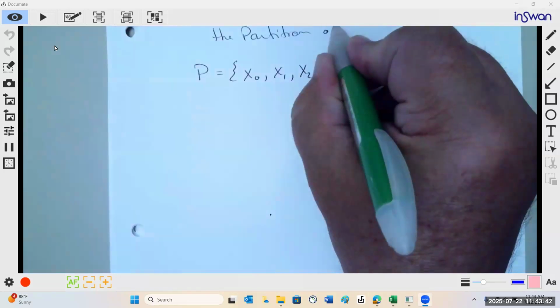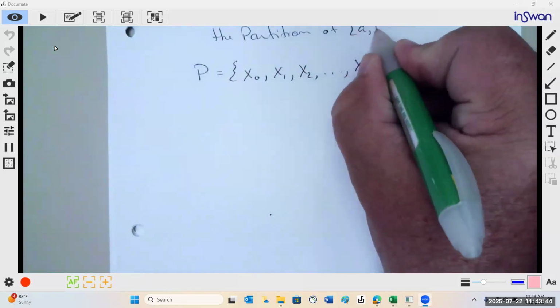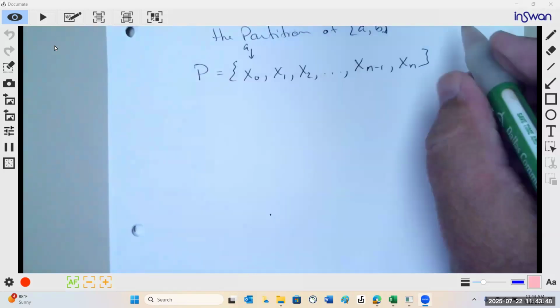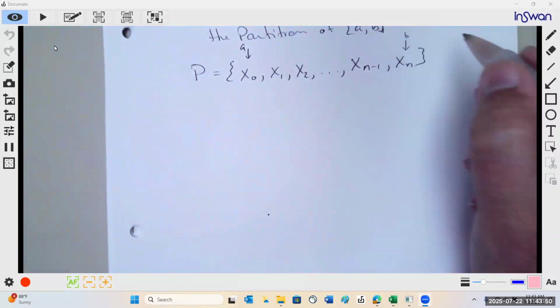It's called a partition of our interval. Remember, because our first term here was A, our last term here was B.